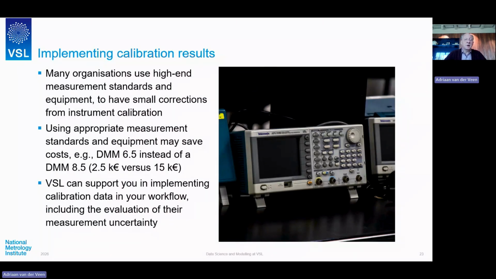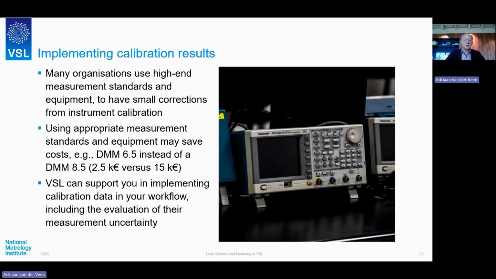We can also help you with the implementation of the calibration results that you receive when you send an instrument for calibration. Many organizations often use very high-end measurement standards and equipment to have small corrections so that they do not really need to care about those. That, of course, comes with a substantial extra investment.